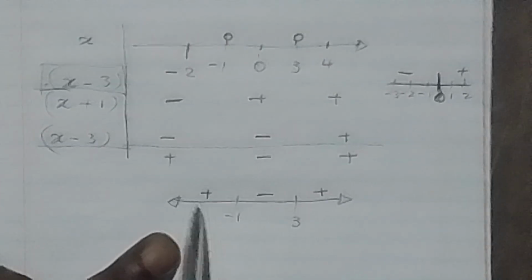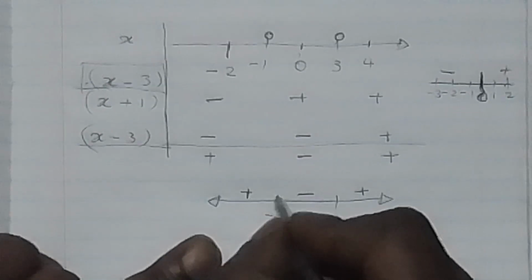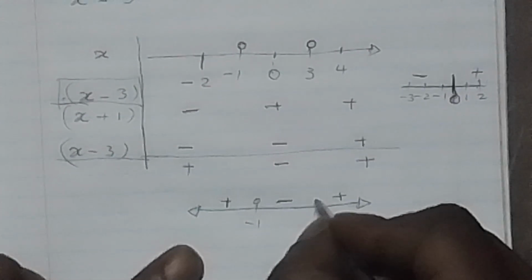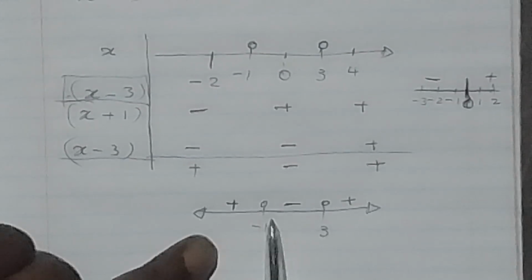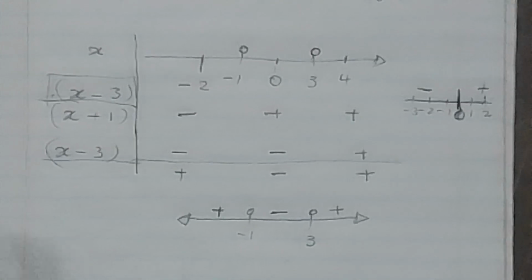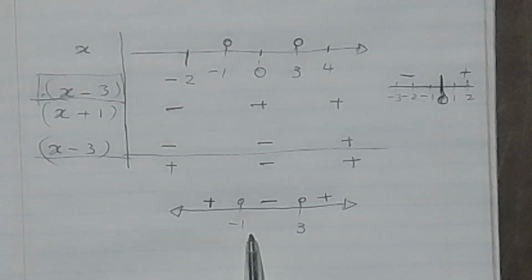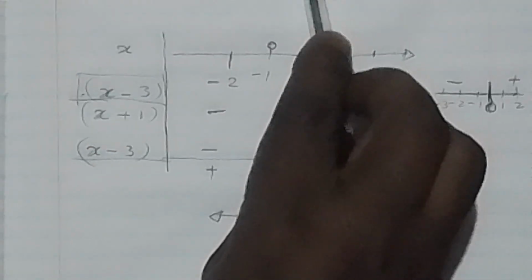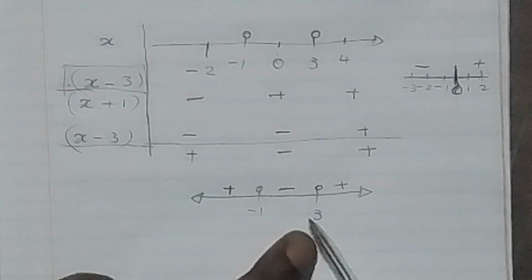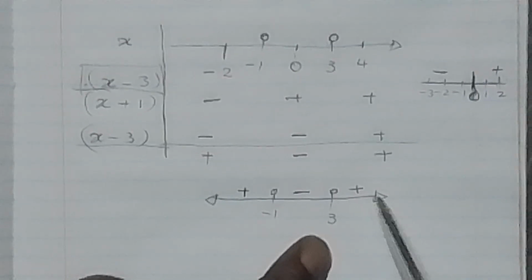Let's not forget to put your little bubble here. Any numbers on the left hand side after minus 1 are positive. All the numbers that are greater than 3, excluding 3, are positive.